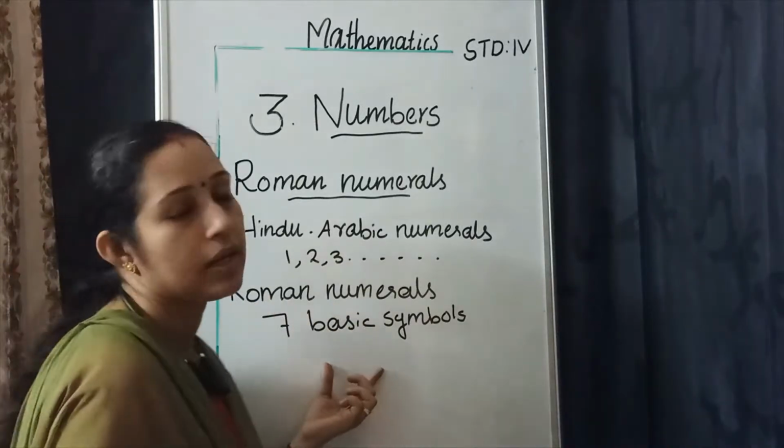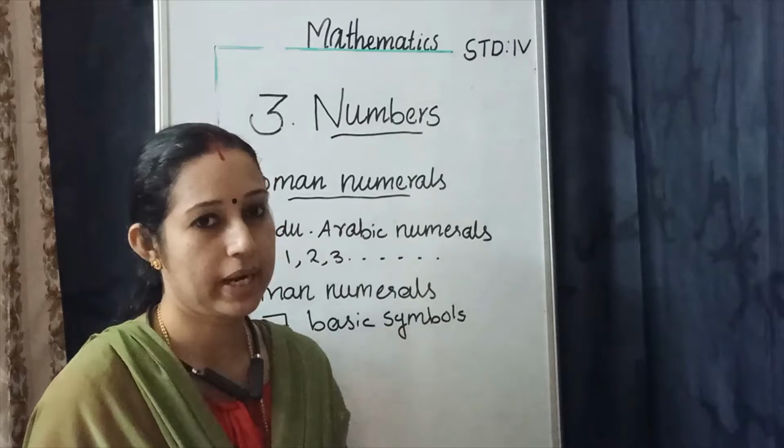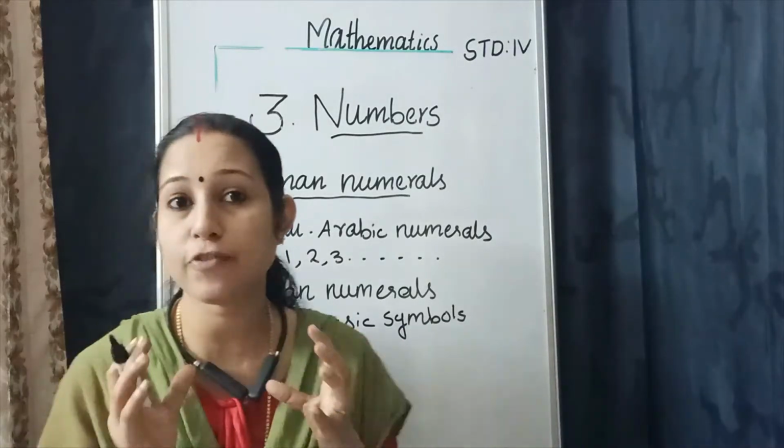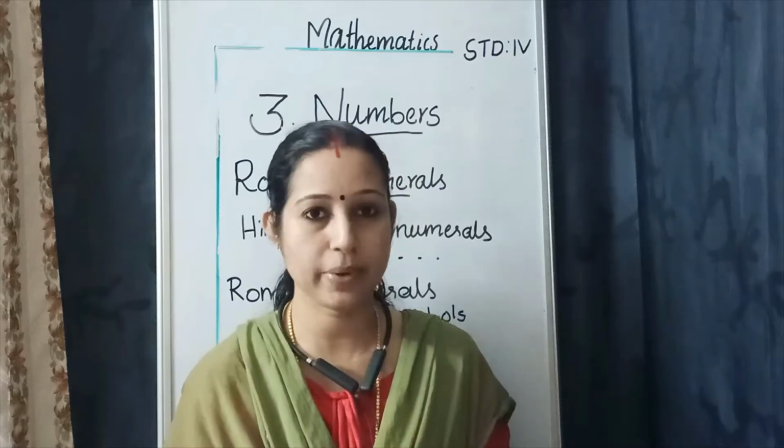These symbols make up the Roman numeral system. They used 7 basic symbols from our English capital alphabets.